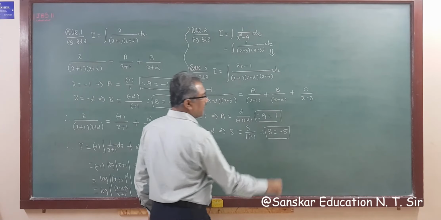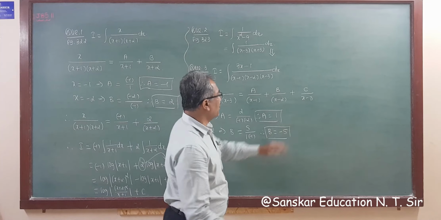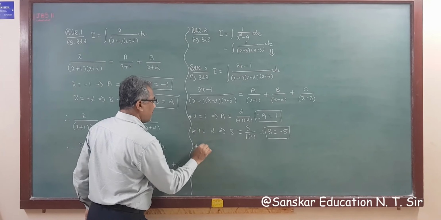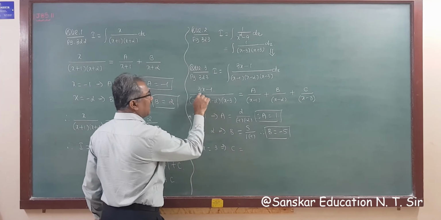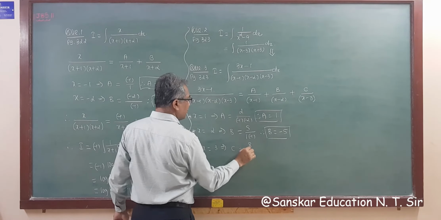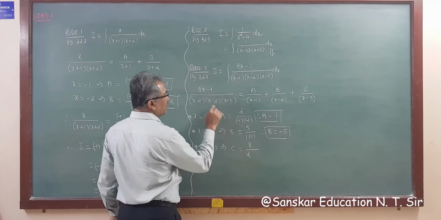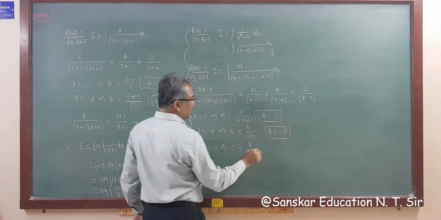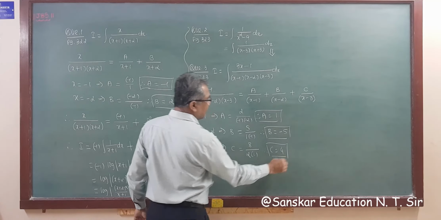And taking the value of C, that is x equal to 3, right? So x is equal to 3 implies C is equal to 9 minus 1, 8, whole upon (3 minus 1) 2, (3 minus 2) 1, so C is equal to 4.